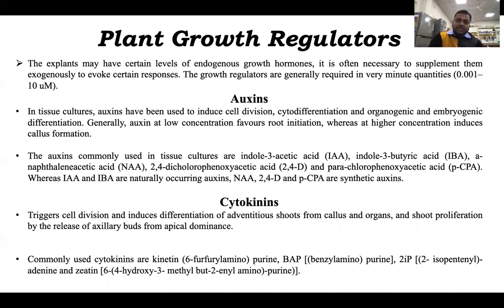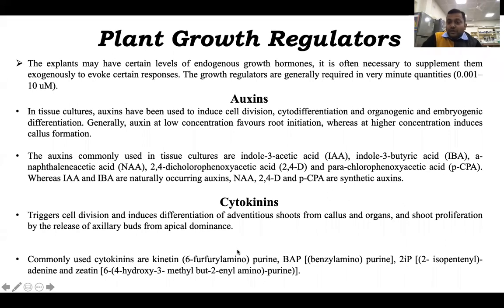Now, the same thing I talked about for auxins also applies to cytokinins. Cytokinin, we all know, plays a role in cell division and differentiation, especially of adventitious shoots. At higher concentration it also leads to callus formation because it's involved in cell division.